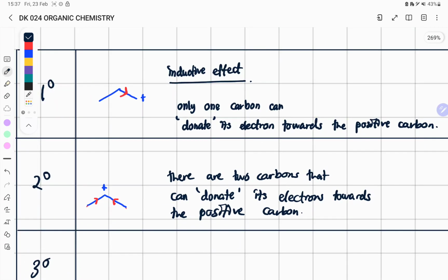Jadi adakah efek induktif effect tu lebih kuat berbanding primary carbocation tadi? It should be more lah, sebab ada dua carbon yang boleh tolak elektron pergi dekat positif.